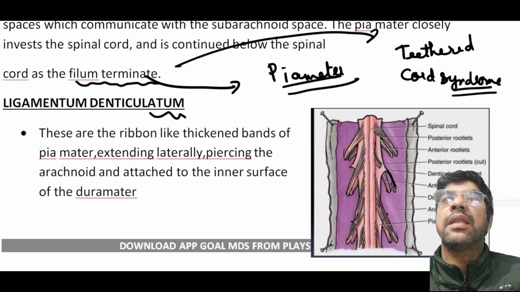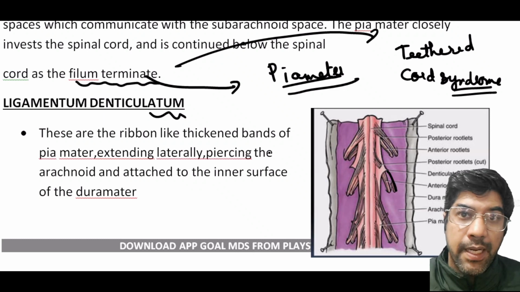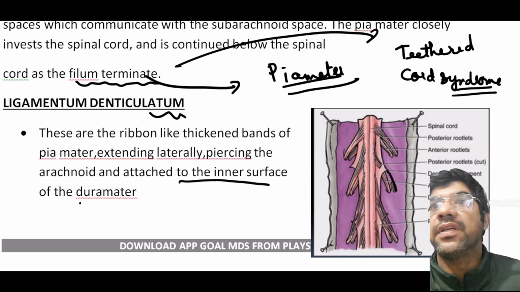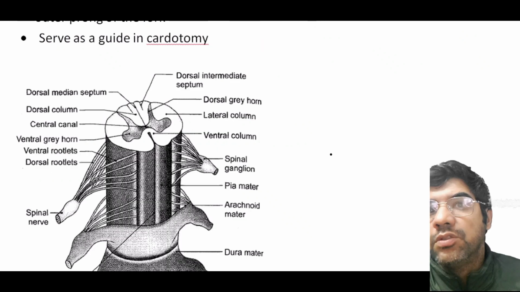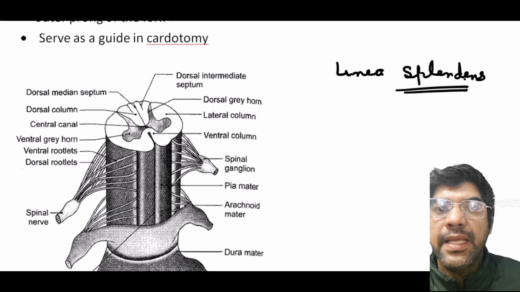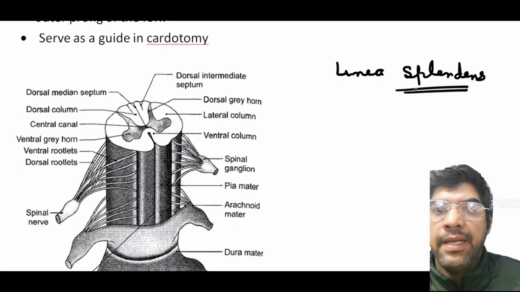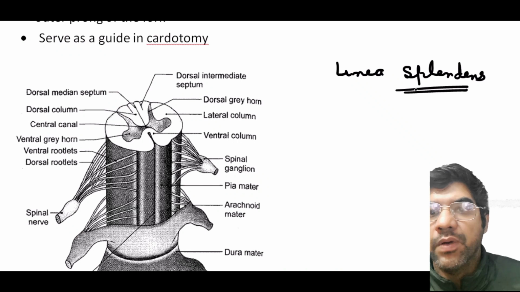These are ribbon-like thickened bands of pia mater piercing the arachnoid and attached to the inner surface of the dura mater. So what is linea splendens? It refers to the median longitudinal glistening band formed by thickening of pia mater at the anterior median fissure of the spinal cord.